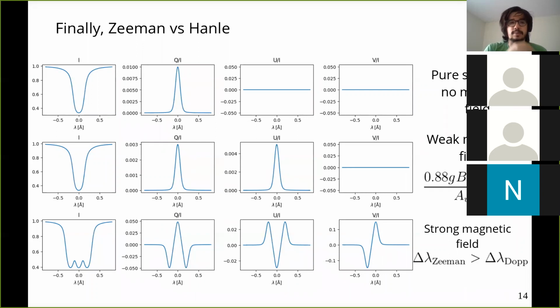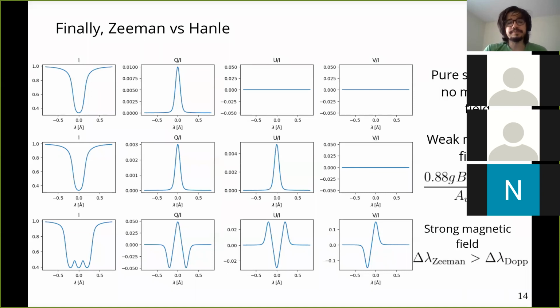Obviously, things like prominences and loops have emission lines. The linear polarization is, of course, depending on what we say is positive and what is negative, only contained in the Stokes Q. And the Stokes U and V are 0 because there is no magnetic field, right?